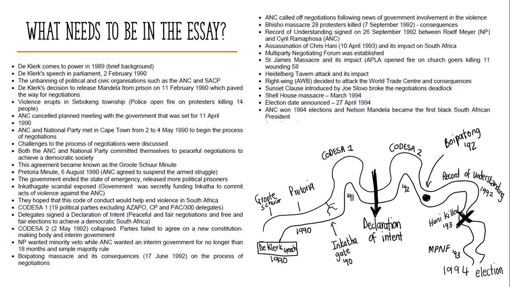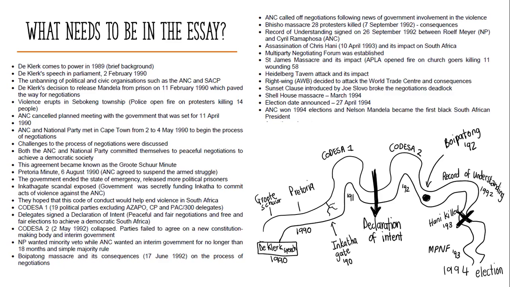AZAPO would be part of the left wing, the Communist Party also, and the PAC, Pan-Africanist Congress, also part of the left wing, who didn't want to negotiate with the apartheid government. Also, you had people on the right wing that refused to negotiate, such as the AWB, Afrikaner something. I'm not 100% sure on that, so let me not say that.